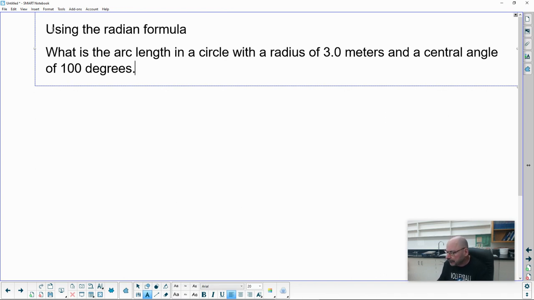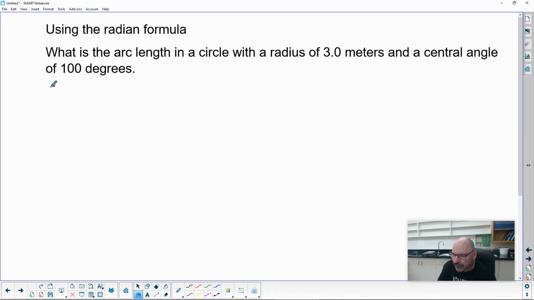We know that the radian formula is radians equals S divided by R. So if we want the arc length S, we can just multiply both sides by R. This is typically how I write the arc length formula for radians, because it's easy to remember: S equals theta R. So that's what we're going to use, but we have to convert 100 degrees to radians.